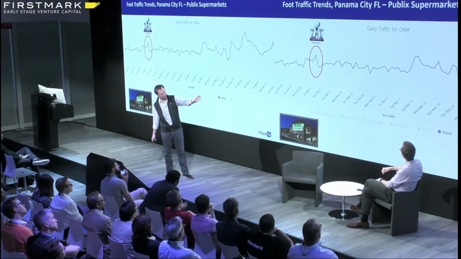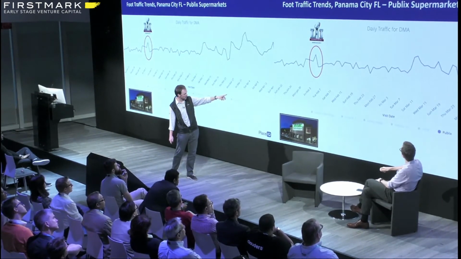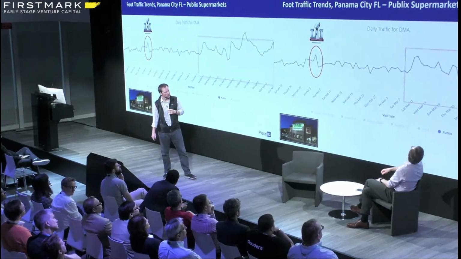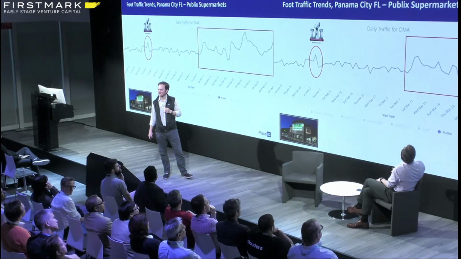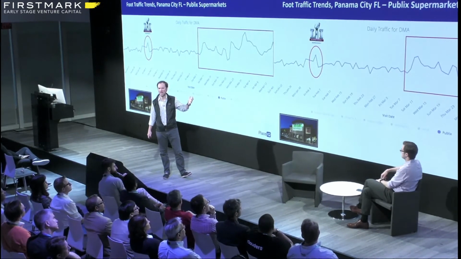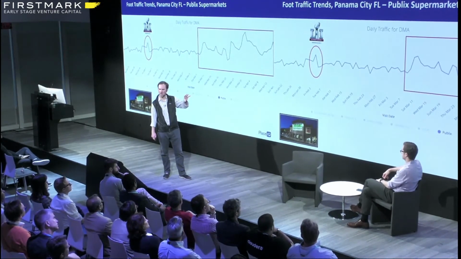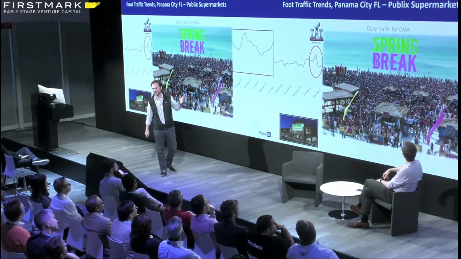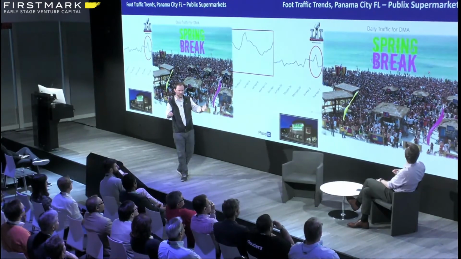And then if you look at the right-hand side here, we're looking January all the way through to the end of March. You look at this massive anomaly here, and you're like, well, what the hell is that? Well, this is this migratory behavior that I was talking about, which is spring break, right? And of course, I was in a room full of Europeans.